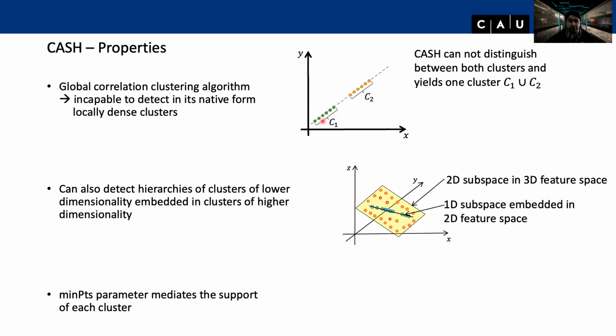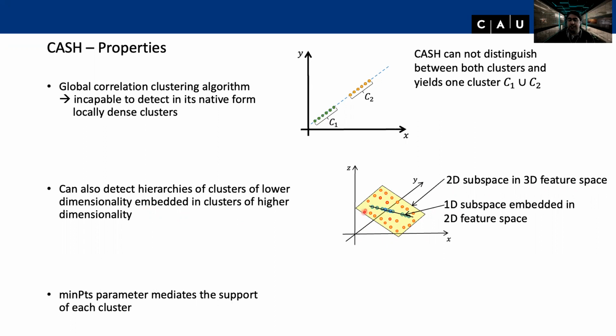The proof I shall yield you within the next slides, why this is actually the case or why it can't overcome this. And it can also detect hierarchies of clusters of lower dimensionality that are embedded in clusters of higher dimensionality. What is meant with that? Well, we said in the beginning that CASH detects d-1 dimensional clusters. So if you have a 3-dimensional data space, it detects in there a 2-dimensional subspace.